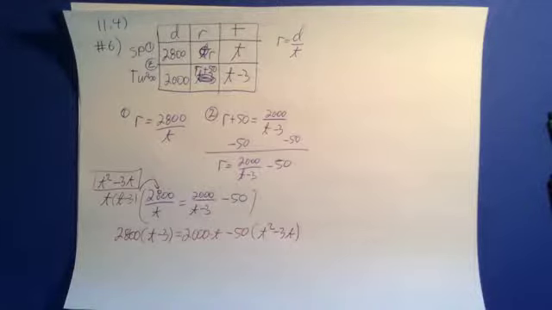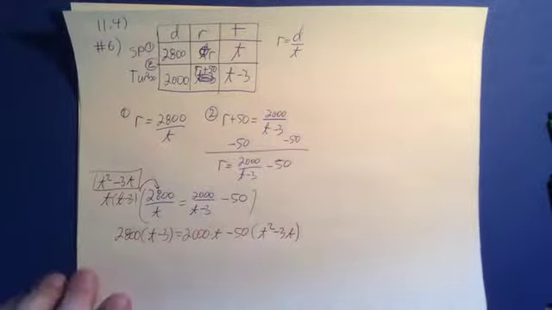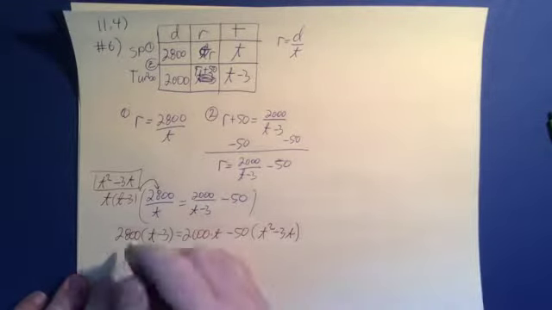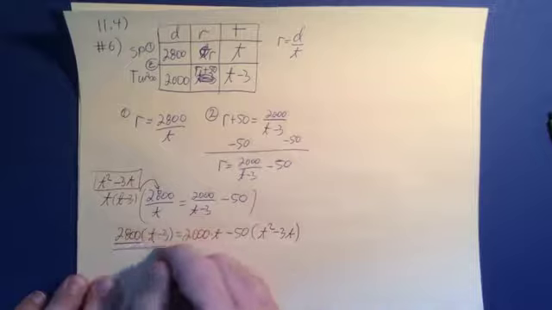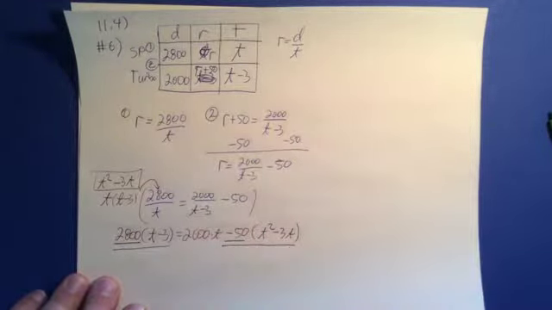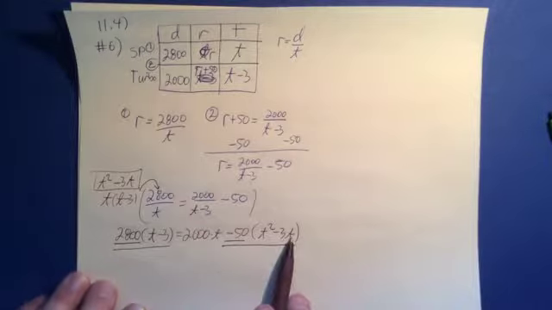So we're going to distribute, and then we're going to combine like terms to see what quadratic equation results. We should get something quadratic. So we have 2,800 being distributed through T minus 3, and negative 50 being distributed through T squared minus 3T.